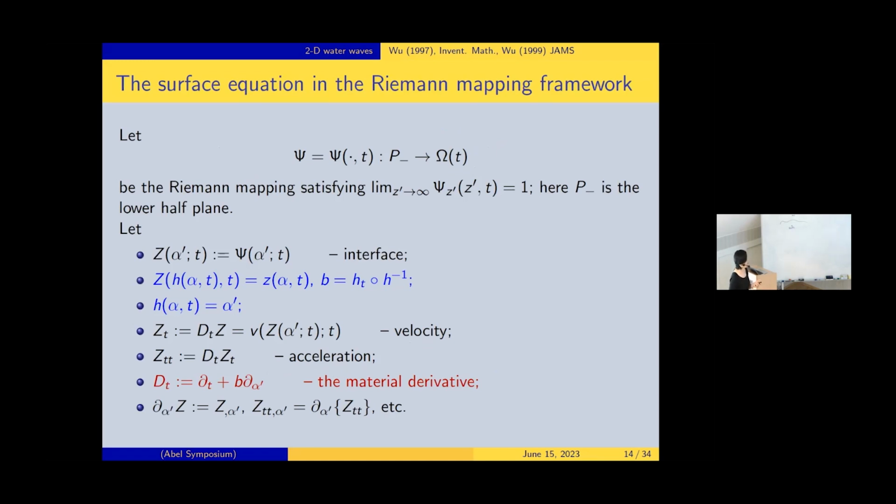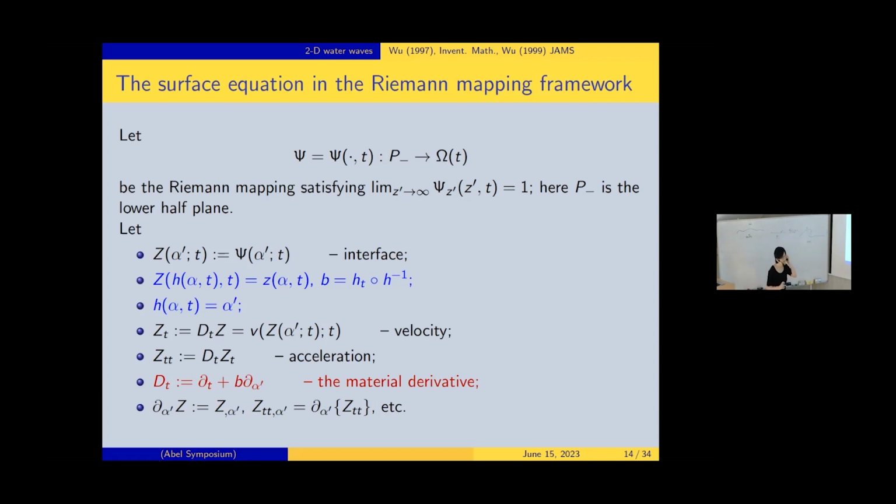So we look at the Riemann mapping from the lower half plane to the fluid domain. This is how it looks. This is P minus here, and this Riemann mapping goes to here. This is omega t, and the conformal mapping also has the property that it takes a point on the boundary to a point on the boundary.